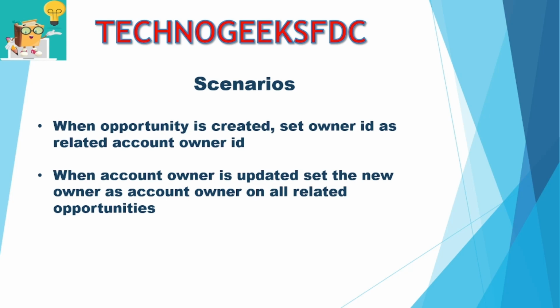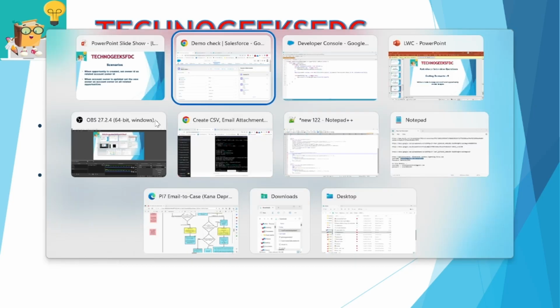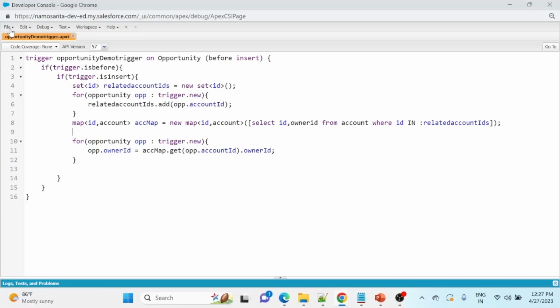Because we are not updating the same account record which is initiating the flow, but we are updating the opportunity record. Opportunity is a separate object. So when you are doing a DML on the other, related object, and not on the one which is initiating the flow, you need to go ahead with the after context.